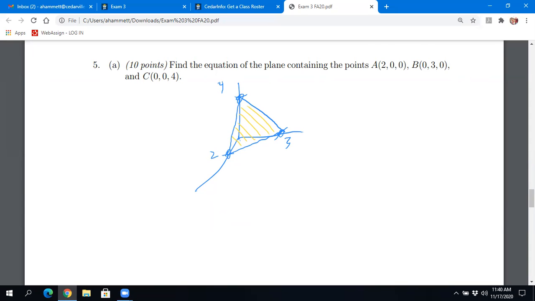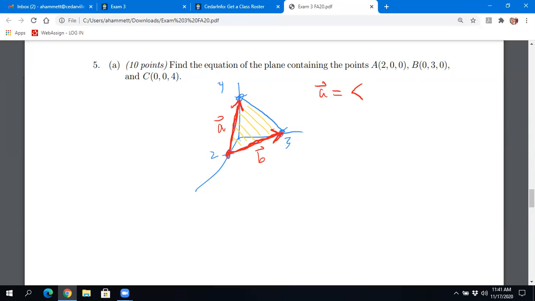So what I suggest doing, and a lot of you did this, is you form vectors along these little lines. Let's call this vector right here A, and let's call this B. What is that vector A? It goes from 2, 0, 0 to 0, 0, 4.